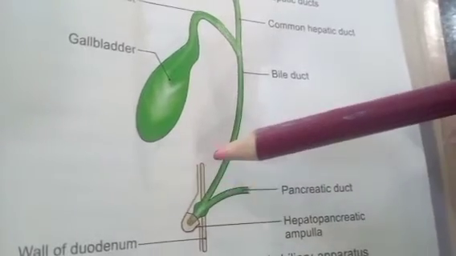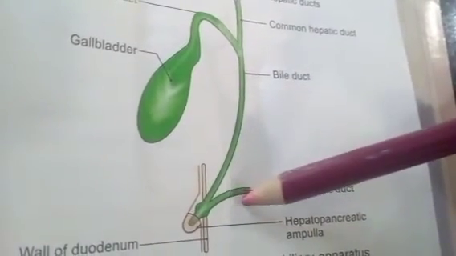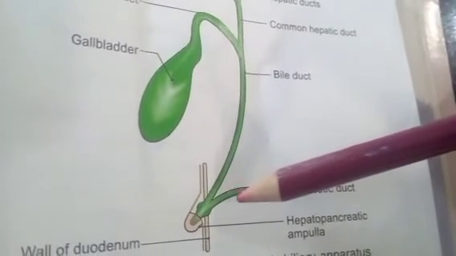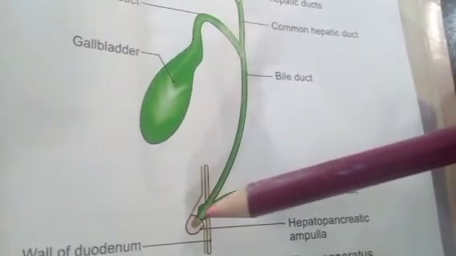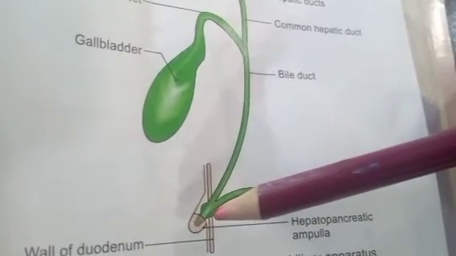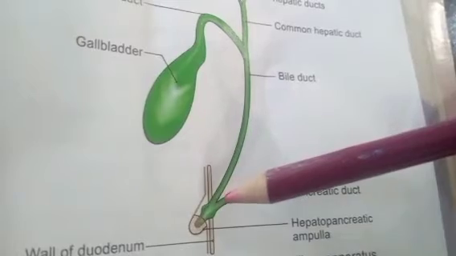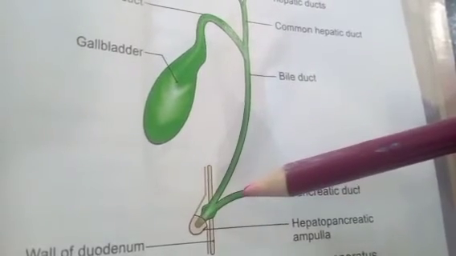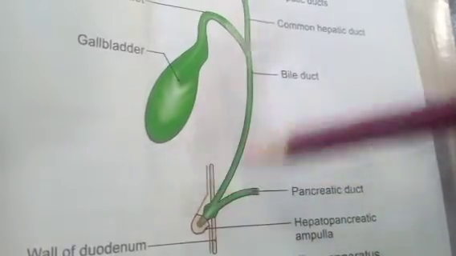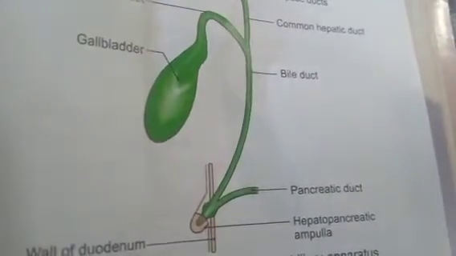In such case, the bile duct and pancreatic duct open separately in the ampulla. In about 30% of cases, ampulla does not form at all. In such case, again bile duct and pancreatic duct open separately at the major duodenal papilla. These two are the variations in the termination of the bile duct.